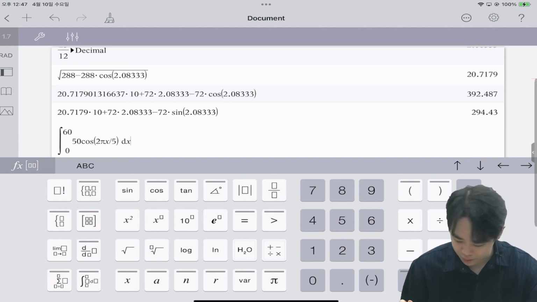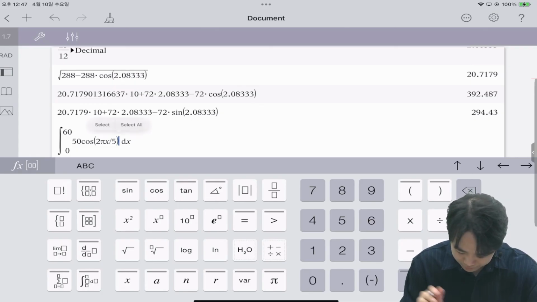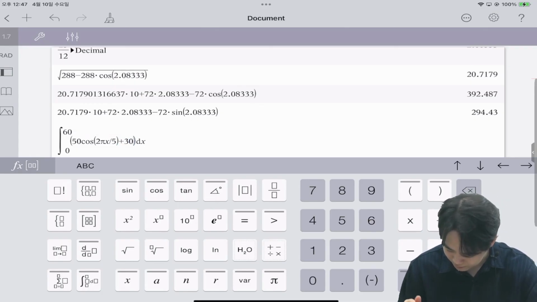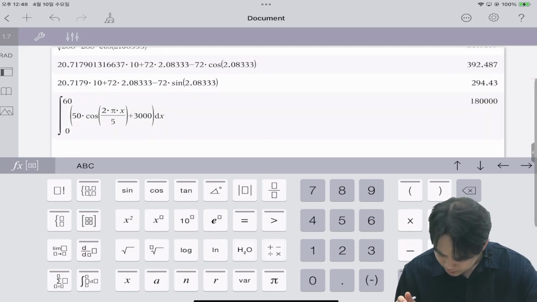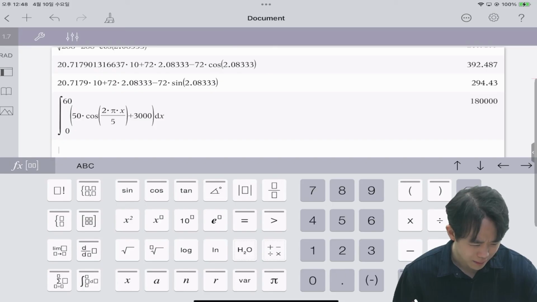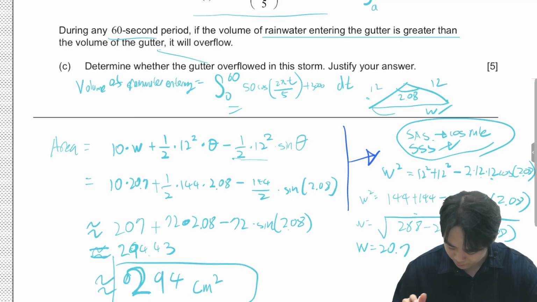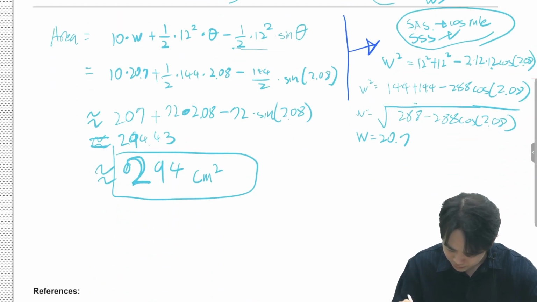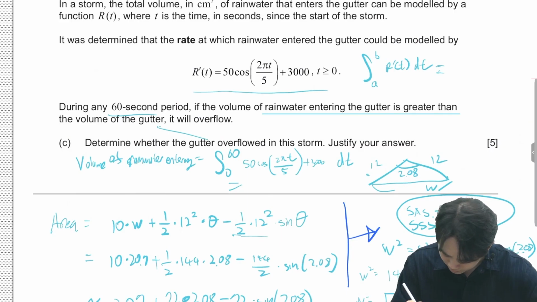So that should give me the total volume here. Oh, and I also have to add plus 3,000, because that's the expression. That is 180,000, right? So that much has just come in from the rainflow. So that turns out to be 180,000.